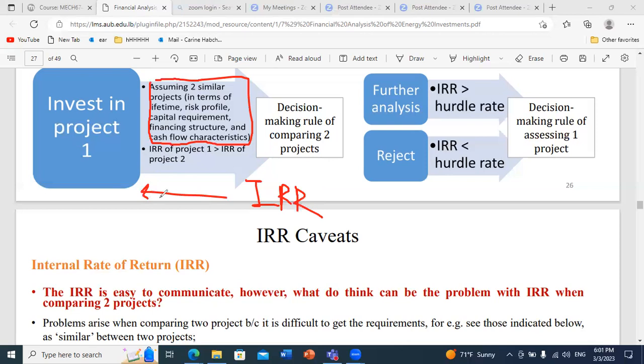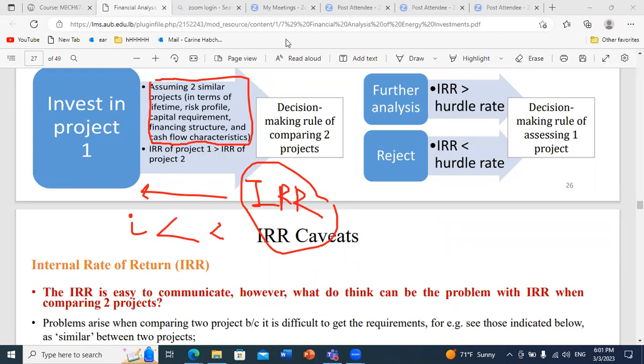So the project with the largest IRR will be the most economically viable, because your actual discount rate will be much smaller than the IRR. With a large difference, you can expect a lower payback period, larger benefits, etc.